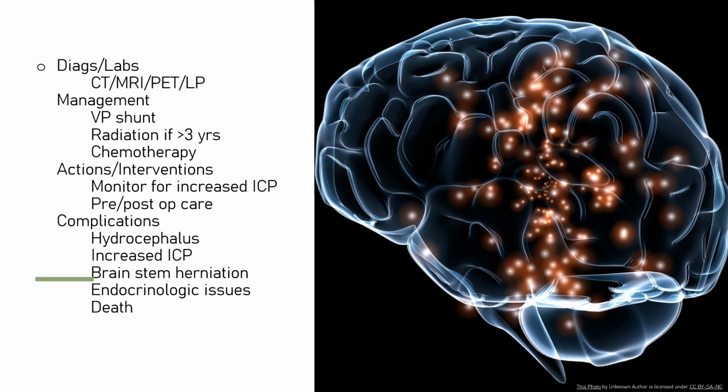The complications that these kids could have is hydrocephalus, increased ICP, their brainstem can herniate, which will cause death, and they could also develop endocrinologic issues related to their pituitary.